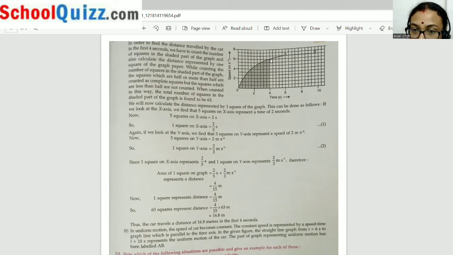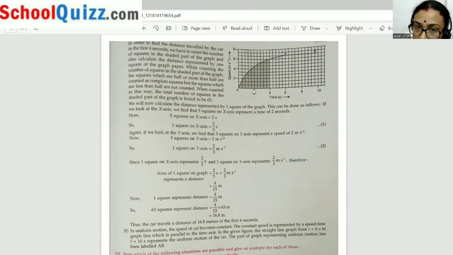This is the 4, and this is how much speed is acquired, that is 6 meters per second. Here you can see 5 squares on the x-axis: 1, 2, 3, 4, 5.